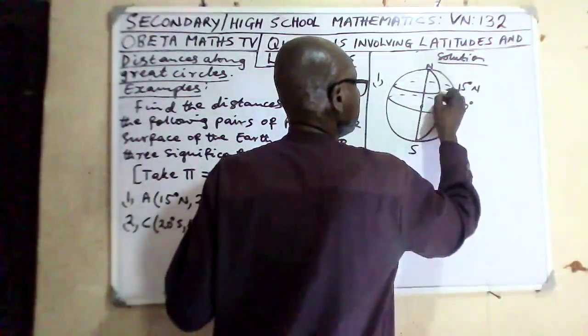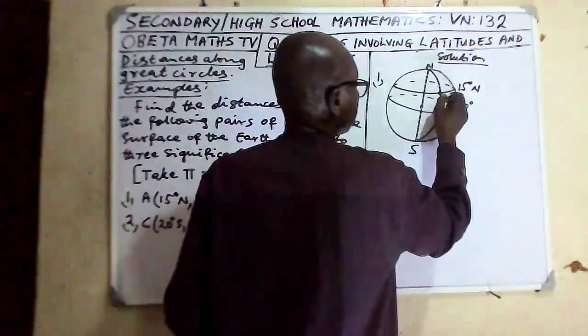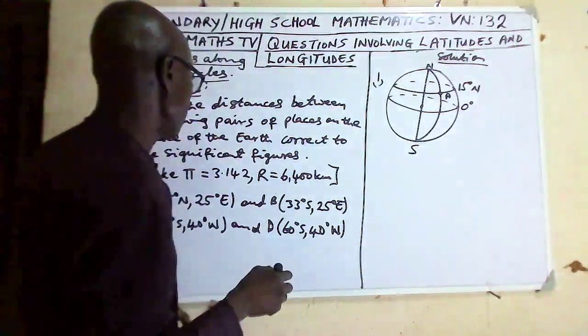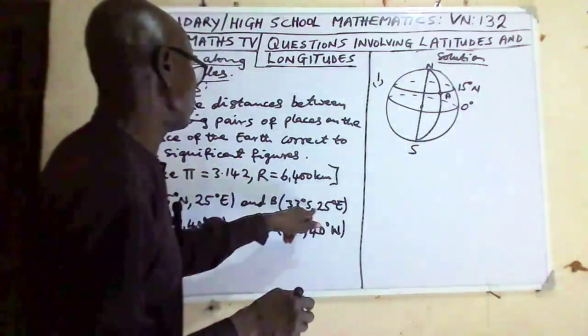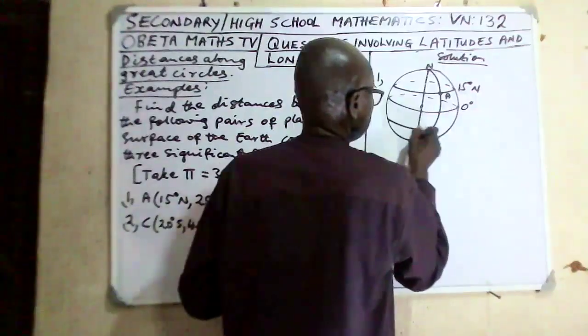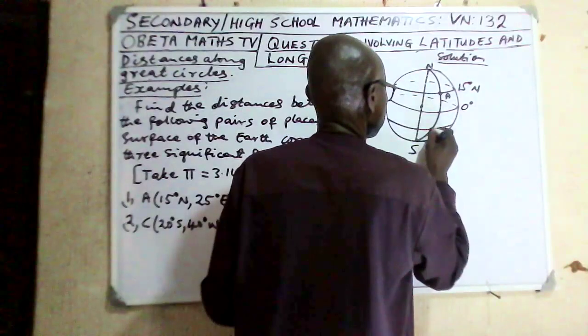So this is the first point. This is our A. And then B, that's 33 degrees south, 25 degrees east. So that means it's the same longitude but different latitudes.